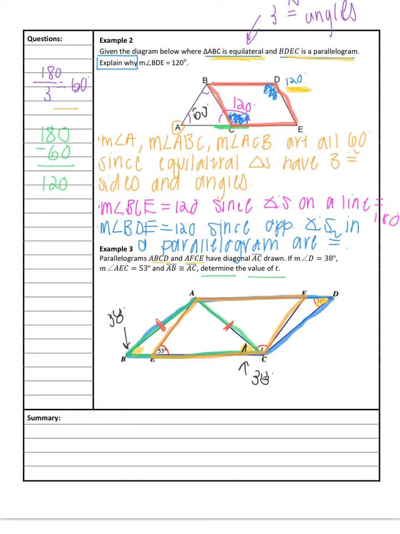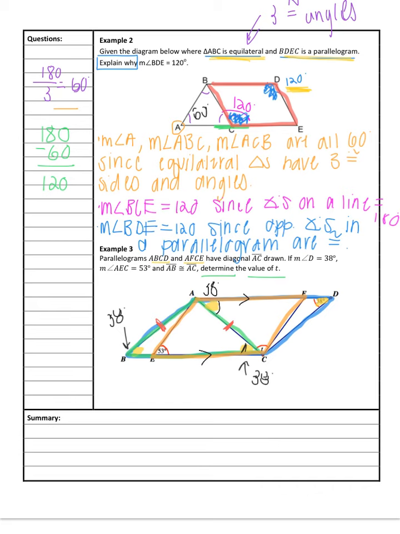And thinking about the first example we did, if you have a parallelogram, you know that alternate interior angles are going to be congruent. So that 38 that we just figured out is also in another spot in our picture. So this angle over here is also 38, because these two angles would be considered alternate interior angles, since opposite sides of a parallelogram are parallel.